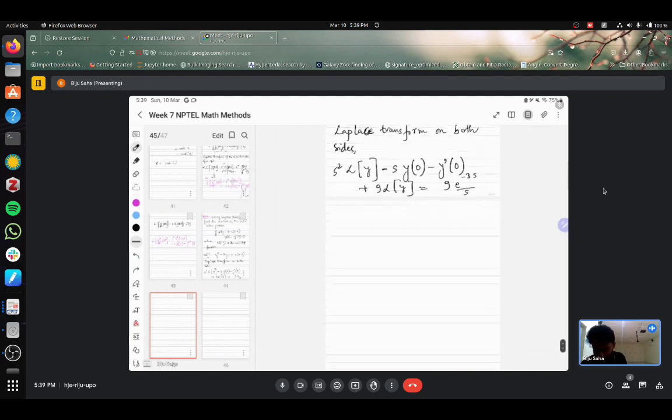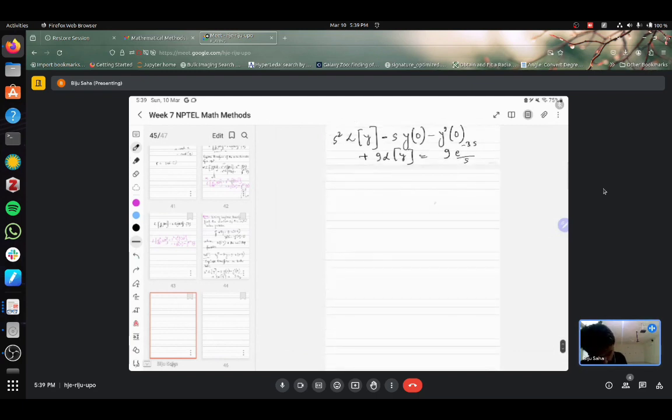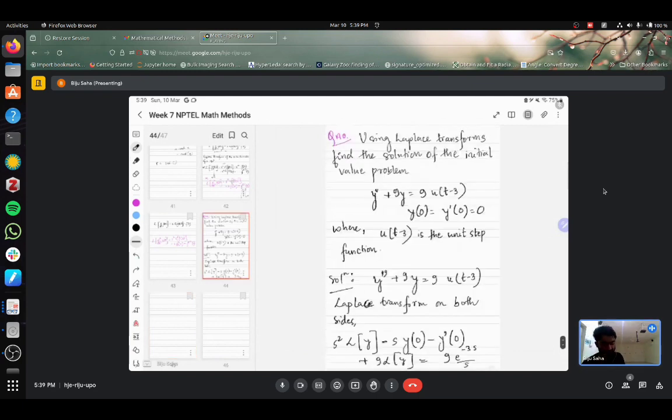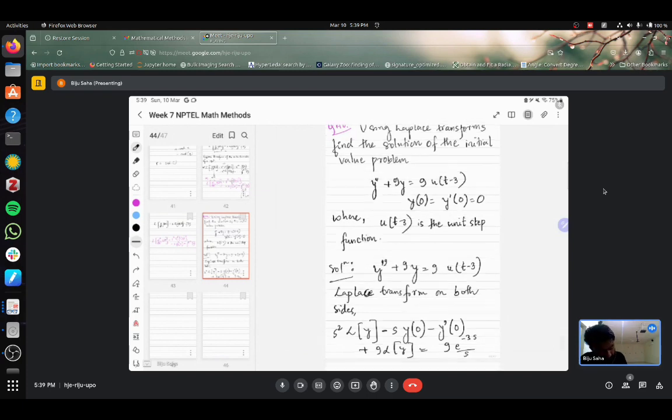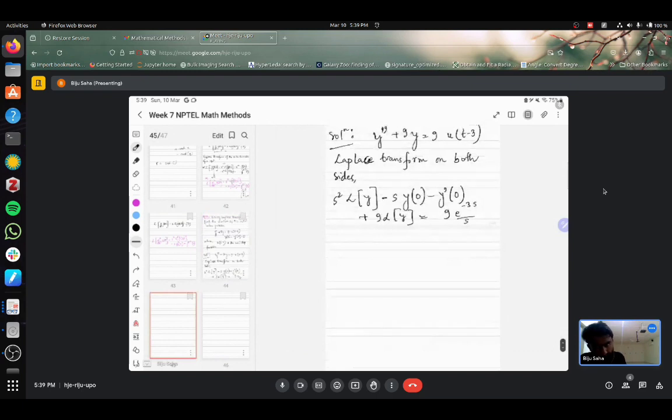Now let us put the values that are given, the initial conditions, that is at t equal to 0 the value of the function is 0 and the value of the first order derivative is also 0. So when we put both of them to be 0, these two terms vanish.